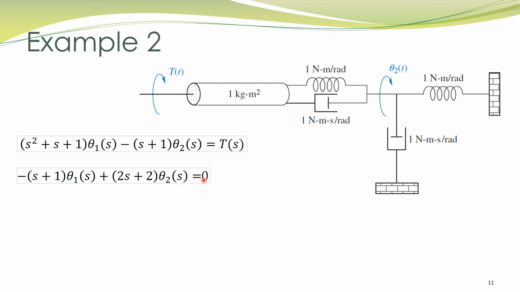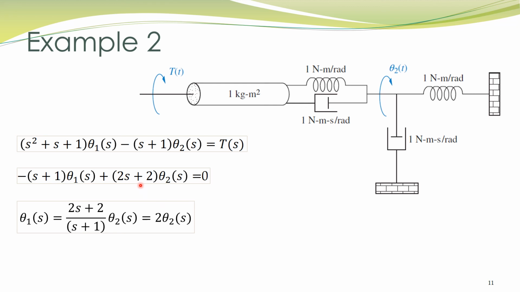Again, to obtain the transfer function between, for example, theta 2 and T(s), we can apply Cramer's rule, or we can proceed in a different way. For example, we can eliminate theta 1 from both the equations and then obtain a relation between theta 2 and T(s). These are simple equations, so maybe the second method of elimination would be easier.